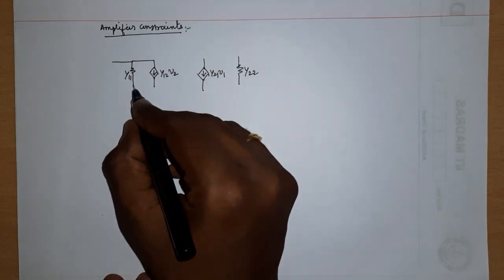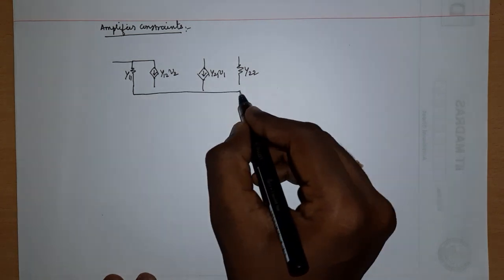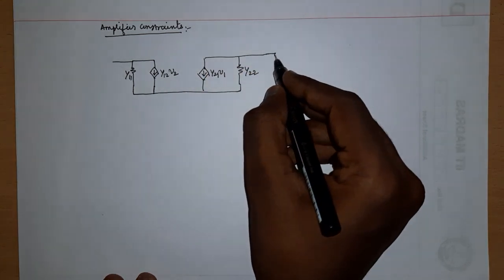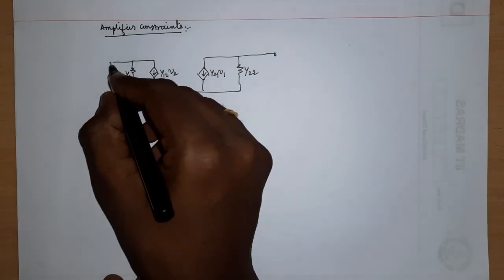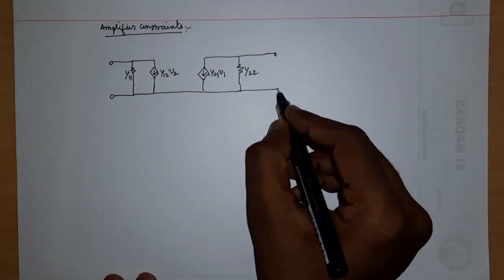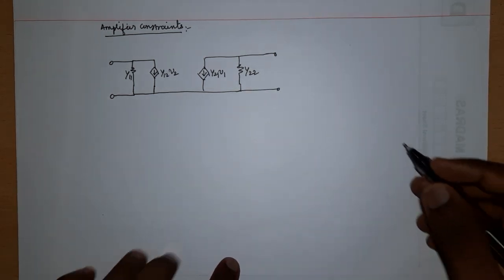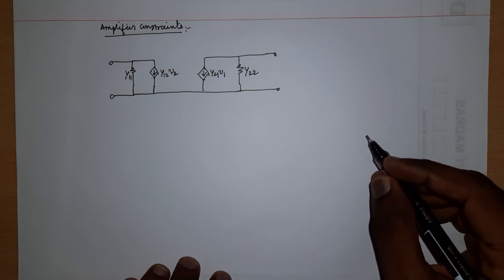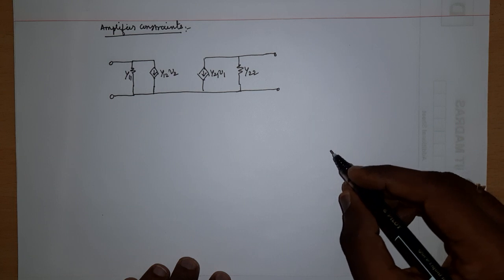Okay, this is a circuit. This circuit was the result of the linear two-port expression that we got out of the Taylor series approximation, right?